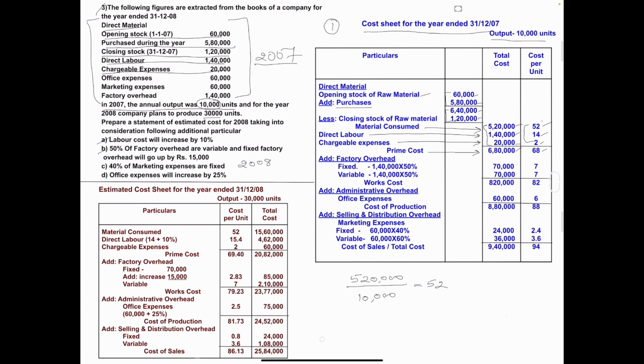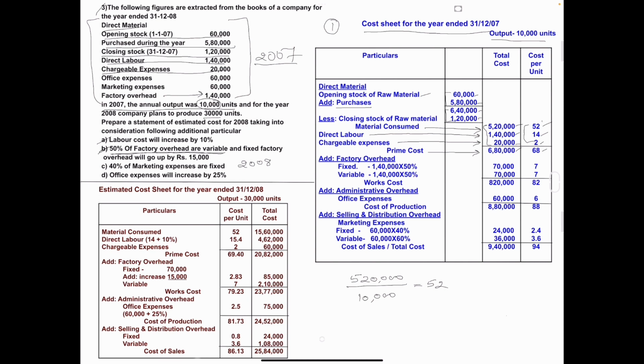Add factory overhead. See the problem, factory overhead amount is 1,40,000. But see the below para, point B. What they have mentioned here, 50% of factory overhead are variable. Just concentrate on this part. So the expenses are classified into two parts, fixed and variable.